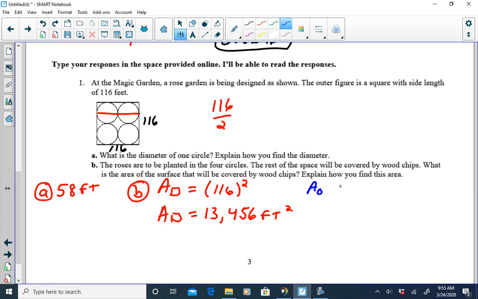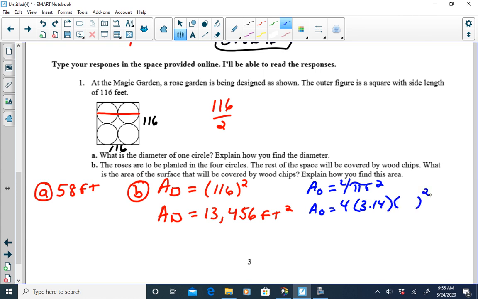The area of the circles, but there's 4 of them. So the area of the circle is going to be pi times r squared, but because there are 4 of those circles, we're going to multiply the pi times r squared by 4. So the area of the circles is going to be equal to 4 times 3.14 times the radius squared.